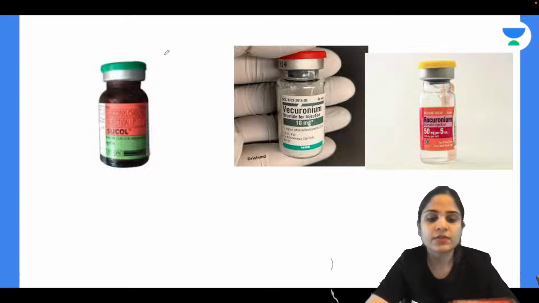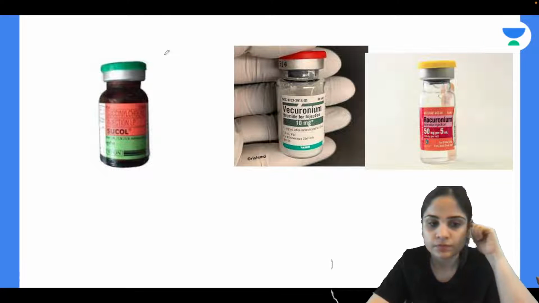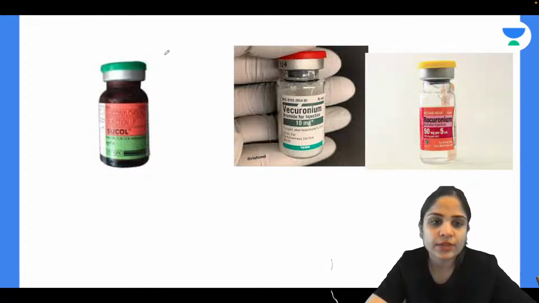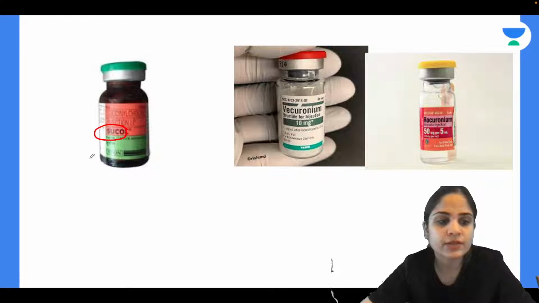So what is the next class of drugs? All of you can see. Rocuronium, okay. Rocuronium, vecuronium, and this one over here, which is written as Sucol, is nothing but succinylcholine. So what is this class of drugs that you see?